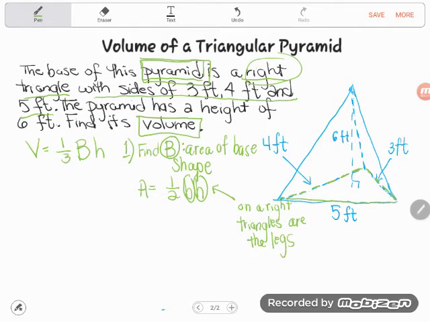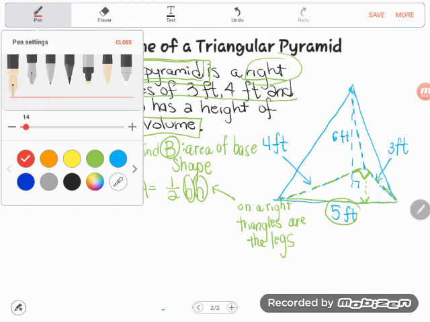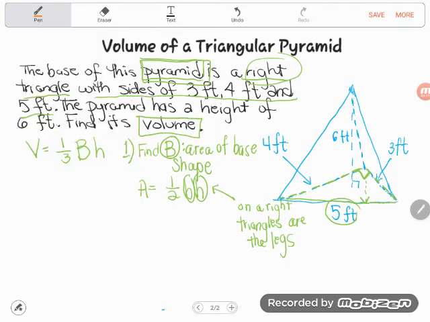Well, I know because the hypotenuse, which is the longest side of the right triangle, so 5 is the longest one, is always directly across from the right angle. So this guy must be the right angle, which means my base and my height are my two legs around the right angle. They are going to be making that L shape around the right angle. So there they are. The base and height of my right triangle are 3 and 4.